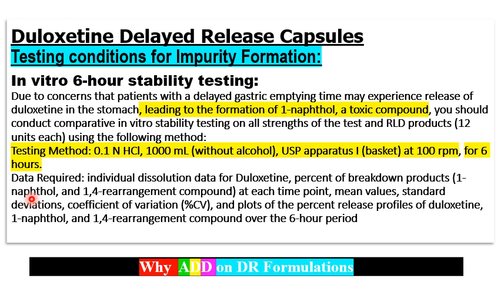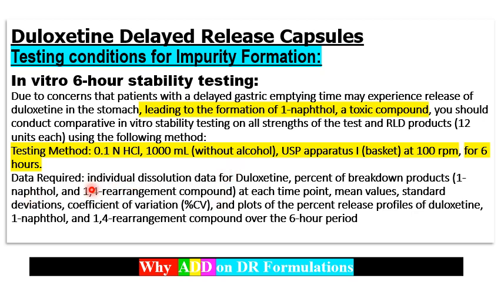So this is the requirement that the test formulation is required to be studied for impurity or degradation product generation in the gastric media, that is 0.1 normal media, for 6 hours, considering the patient population which may have delayed gastric emptying.